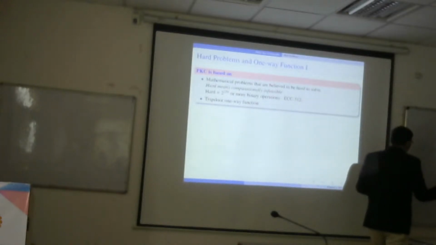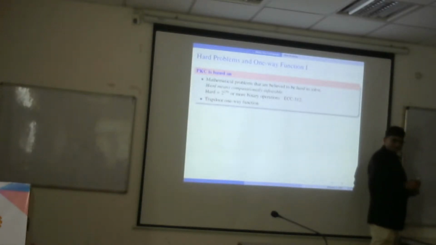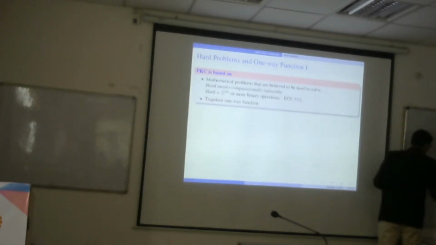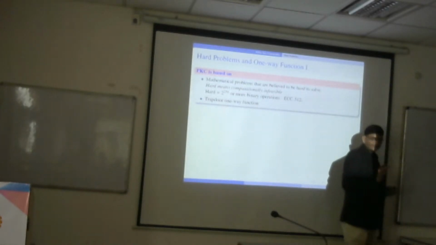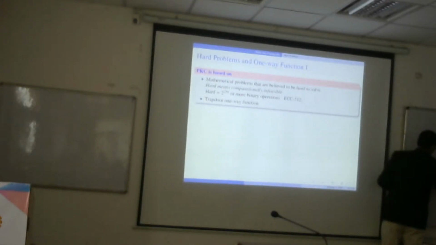This is just an example. Now suppose you have a machine with terahertz, that means 10 to the power 12, approximately 2 to the power 40 operations. You run this machine the whole day, 24 hours.